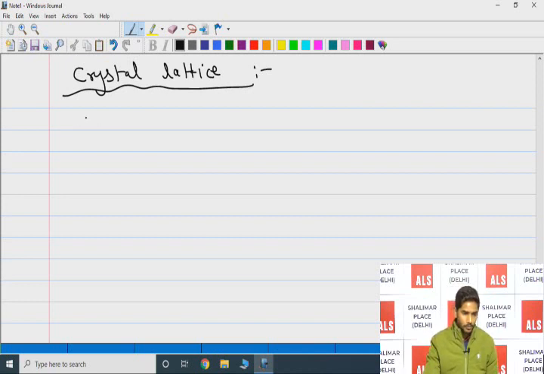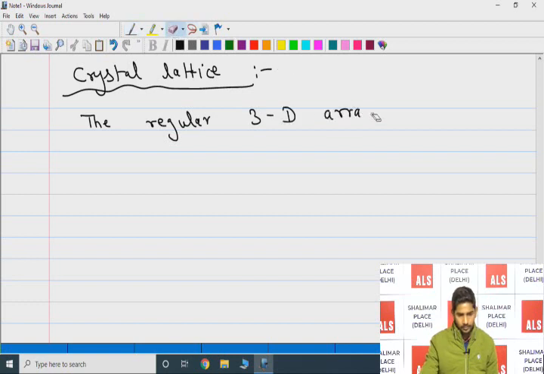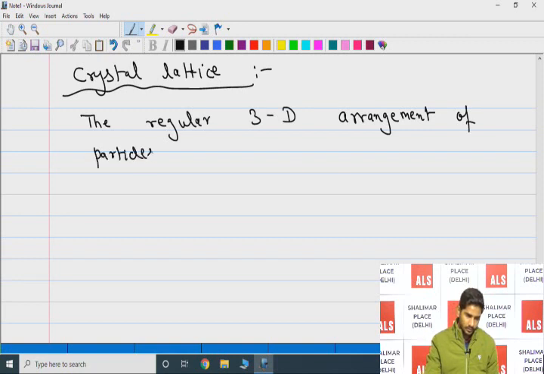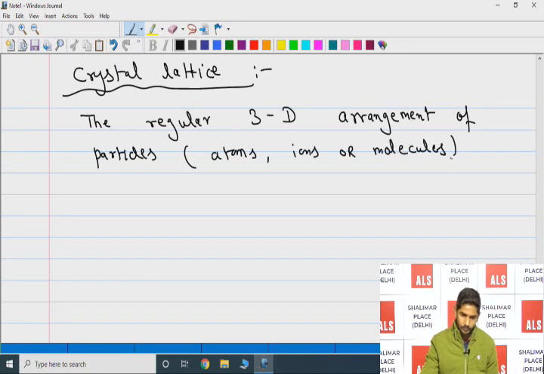So it is the regular 3D arrangement of particles. Particles can be what? Atoms, ions, or molecules in space is known as crystal lattice.